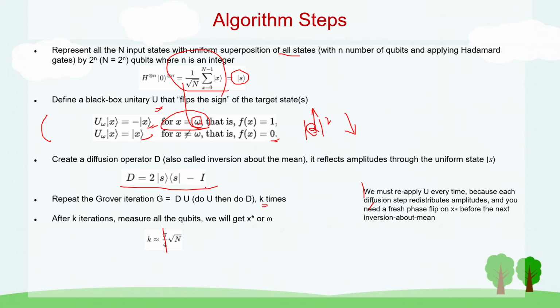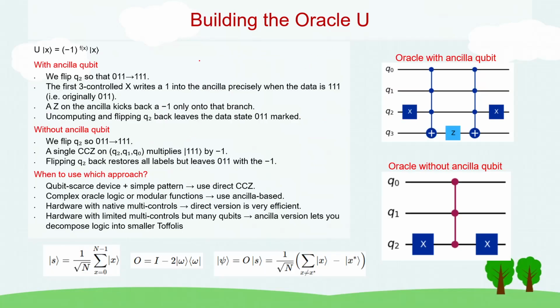Now this is easy to do. First, let's look at that. Basically, you make a comparison. My oracle will do this job: it marks with -1 whenever f of x is 1, and that particular x will be flipped.